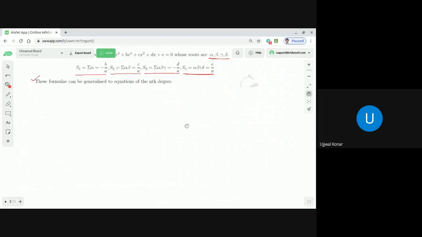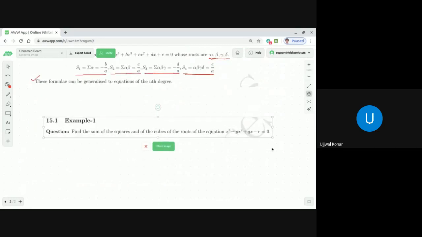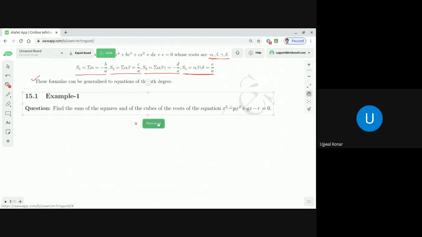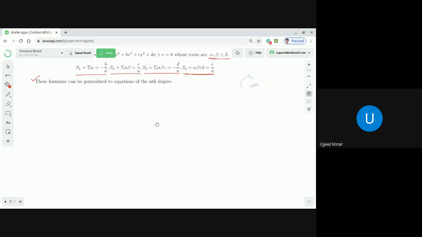You will find it interesting to solve, because questions come in entrance examinations and to some extent in boards, from applying these concepts of the relationship between the roots and coefficients. What is the question here, dear students? Find the sum of the squares and the cubes of the roots of the equation x cube minus px square plus qx minus r equal to 0.